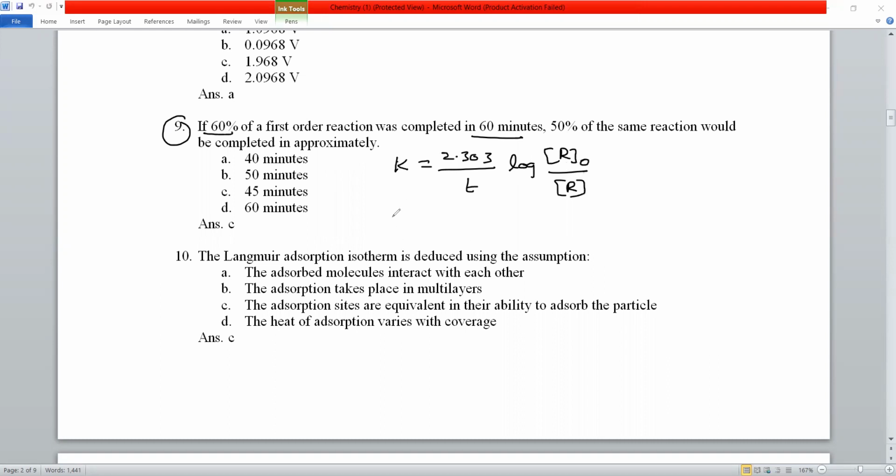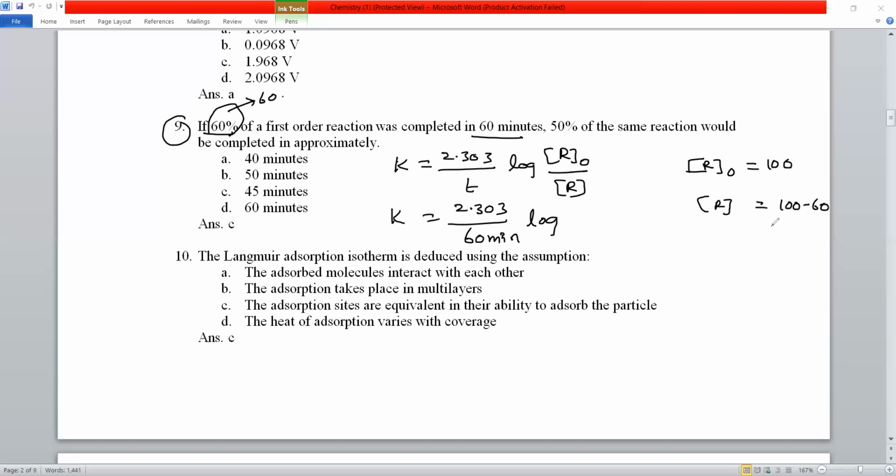Okay, so K at 60% completion is 2.303 divided by t, where they have given 60 minutes, times log of R initial by R final. Since we know very well R initial should be 100%, then R final is how much? 60% of the reaction is completed, so the remaining concentration is 40.